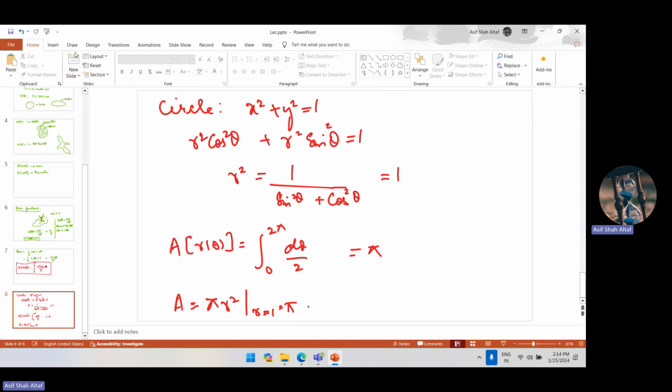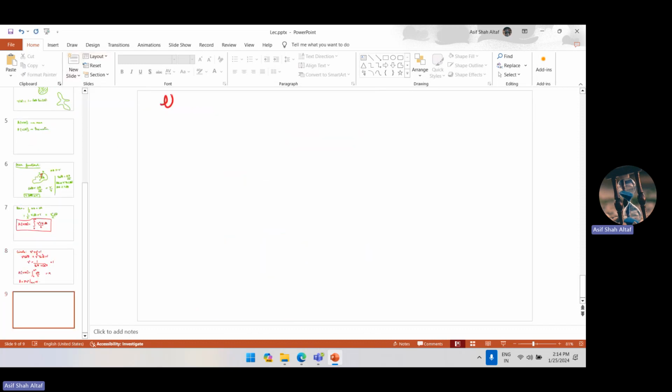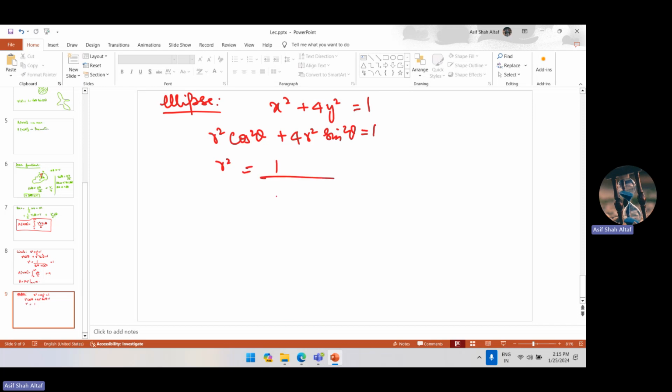Right, now let's try it on another curve. Say suppose an ellipse. So for the ellipse, let's say suppose we have a formula like this. So let's first convert it into the polar form. Right, and then we can write it as a function of theta.